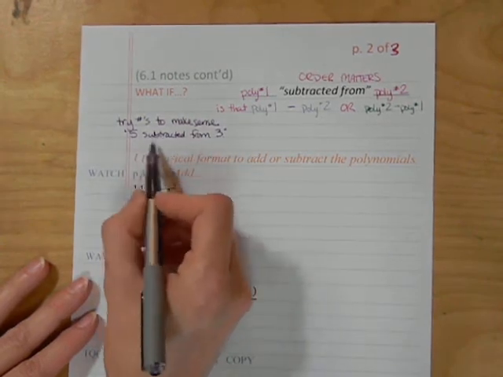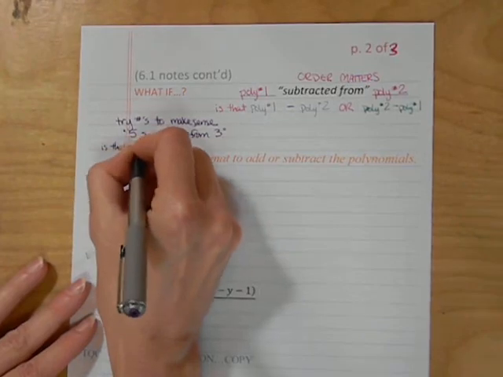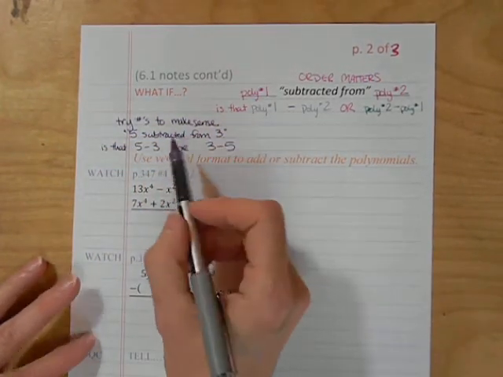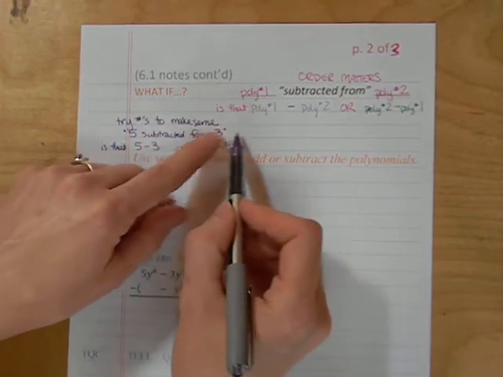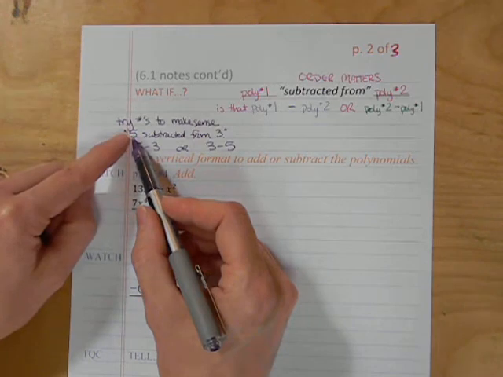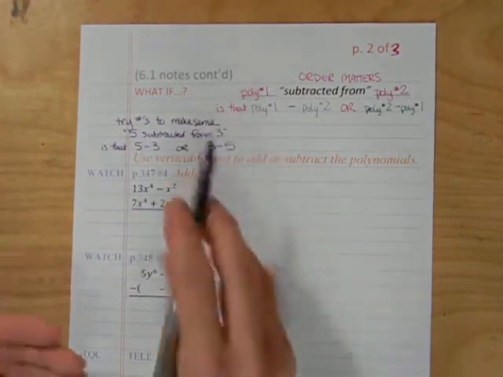When you say 5 subtracted from 3, well, is that 5 minus 3, or is that 3 minus 5? If I'm subtracting 5 from 3, if I have $3 in the bank and I try to withdraw 5, if I try to take away 5 from 3, that actually gives me a negative value.